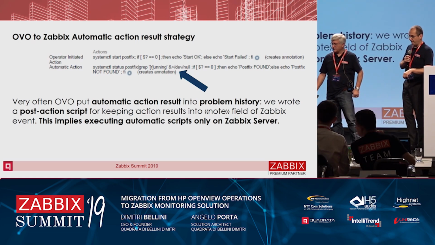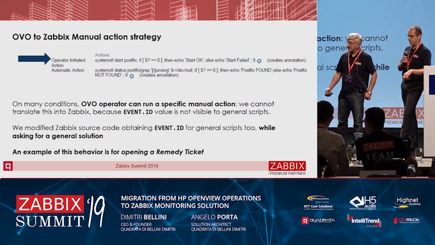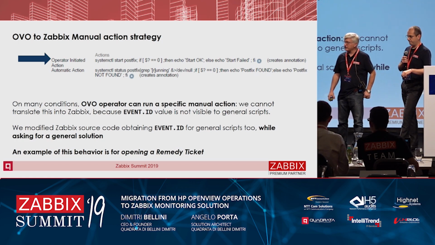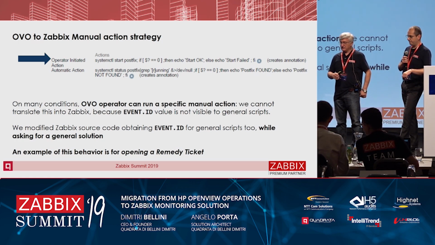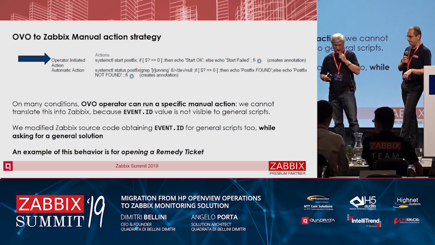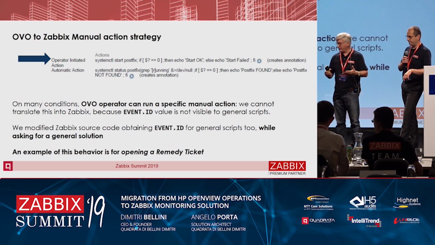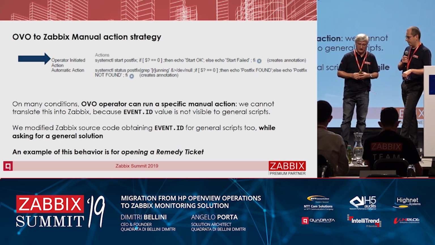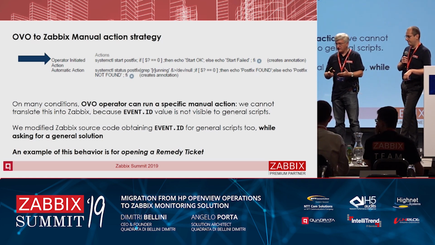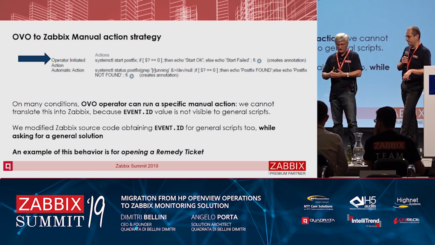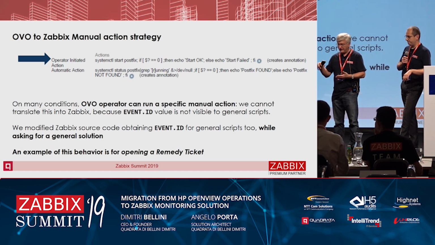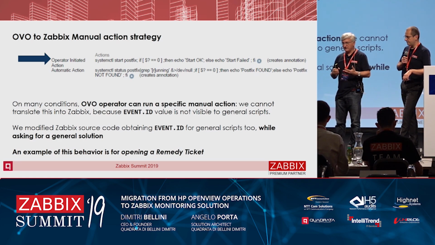Yep. So in the automatic action, everything works fine. What happens in the operator-initiated action? Many times the operator-initiated action we can build without any problem, because it is only related to the server that had the problem. But sometimes the action has some reference to a particular condition, like, I don't know, the disk name, for instance.